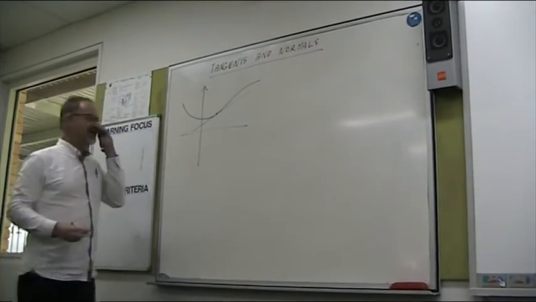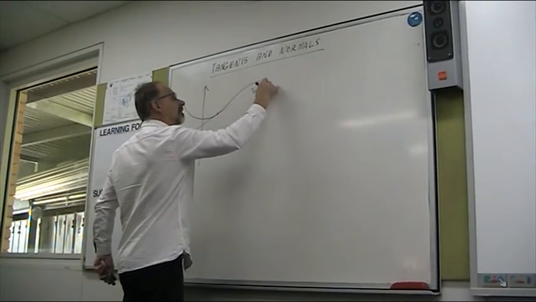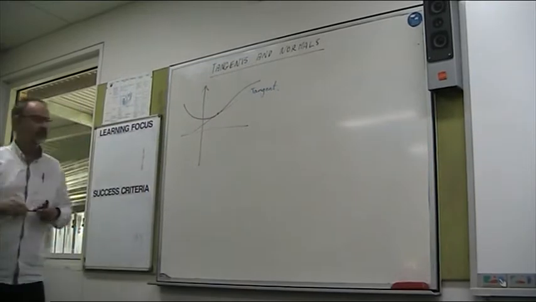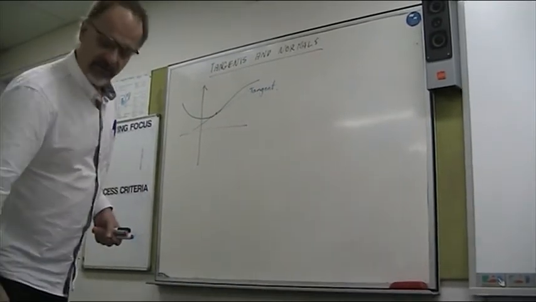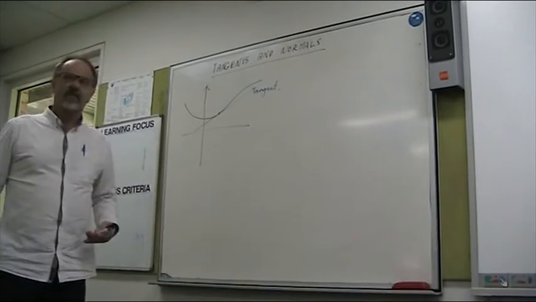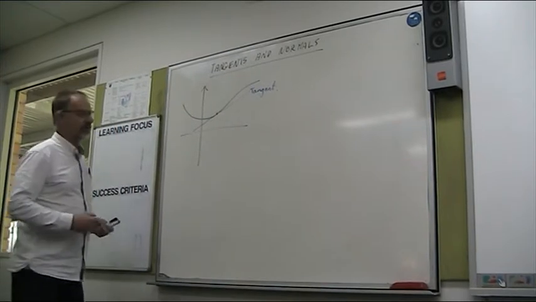The blue one here, that one is the tangent. And so that touches the curve in one spot. And the gradient of the tangent is the same as the gradient of the curve at that point.